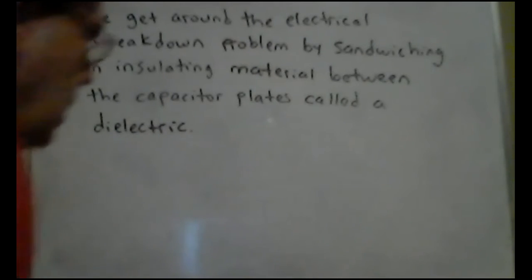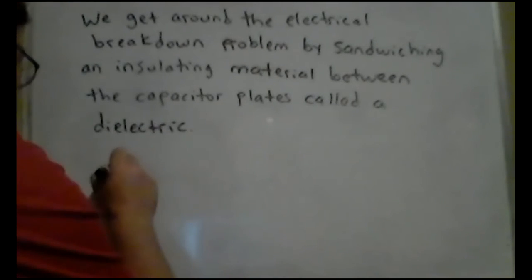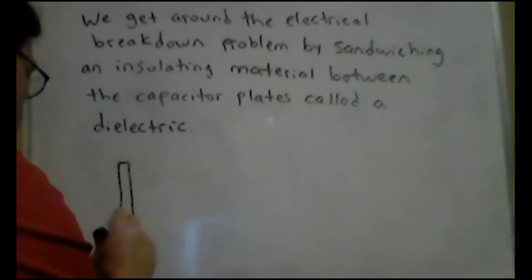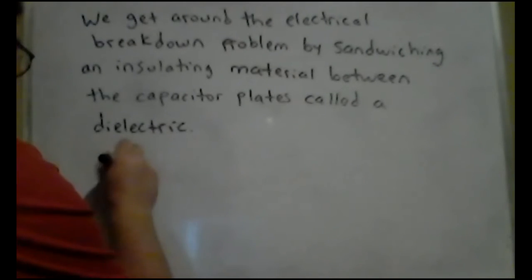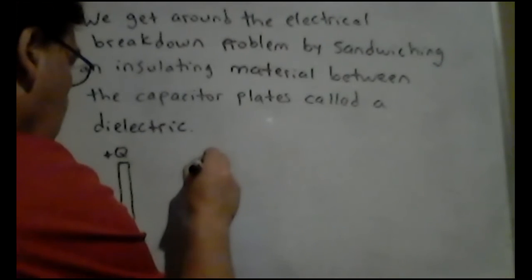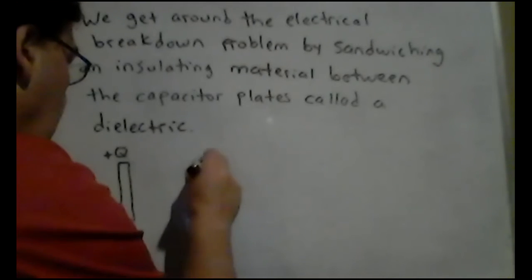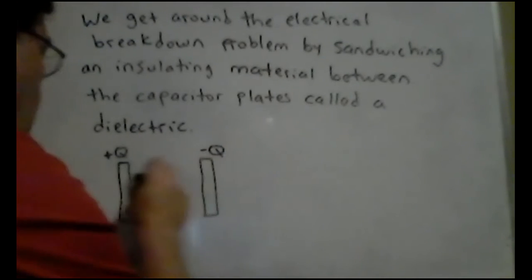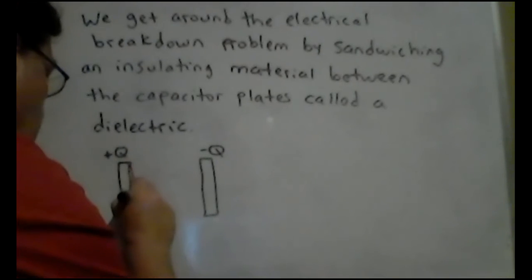All right, so instead we'll have our capacitor plates, positive Q and negative Q, and then between them we have a material.